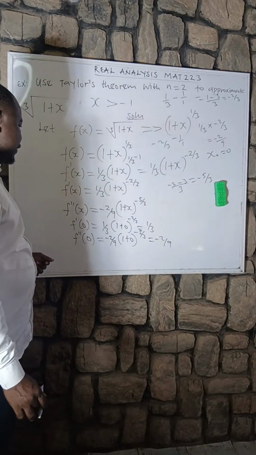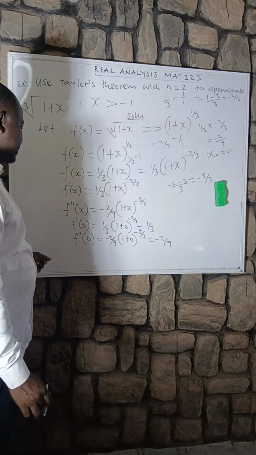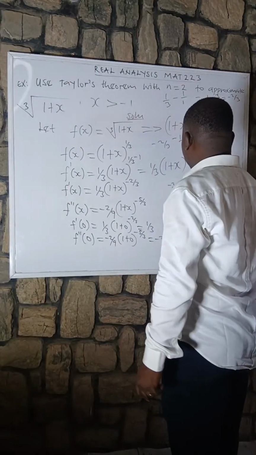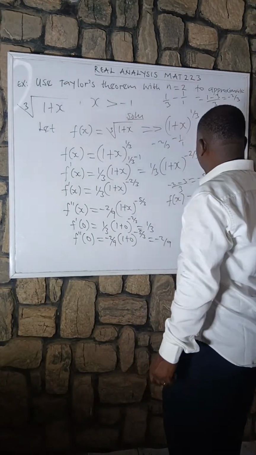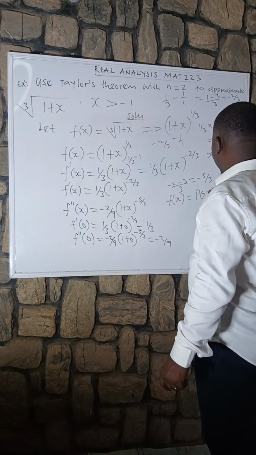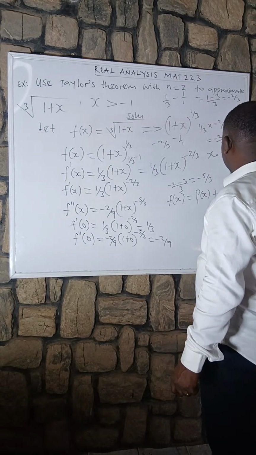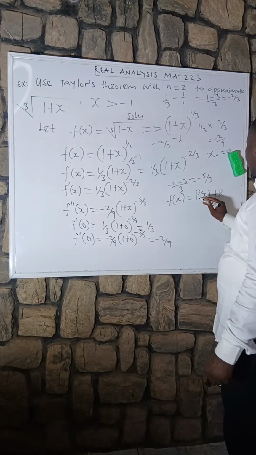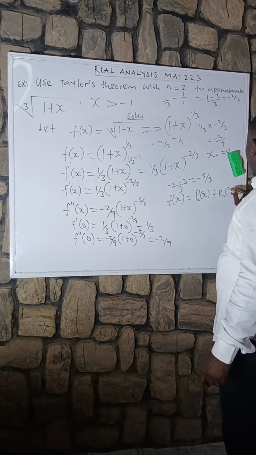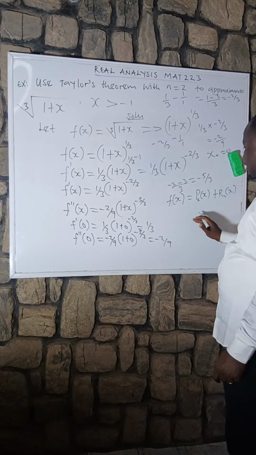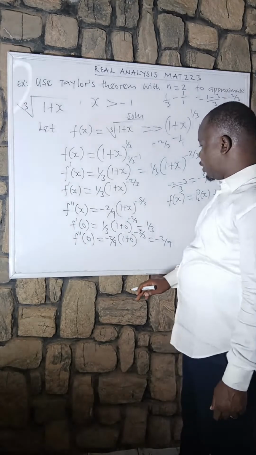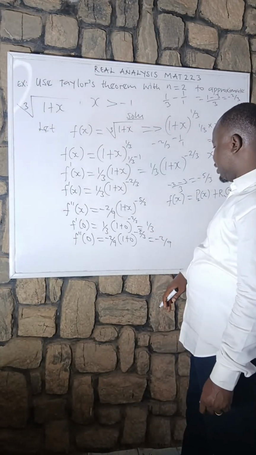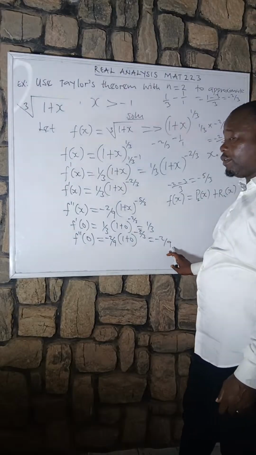So if you can see what I am saying, it means we now assume f of x to be equal to p1 of x plus r2 of x. So it means our p2 is this 1 all over 3, r2 is minus 2 all over 3.